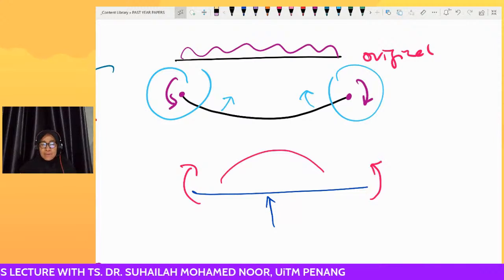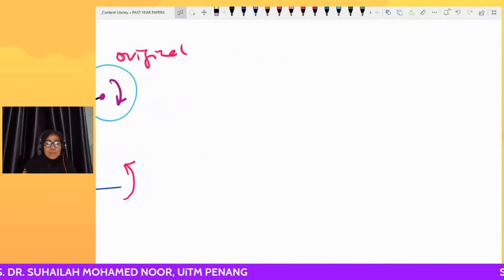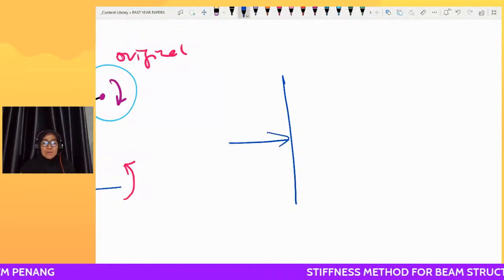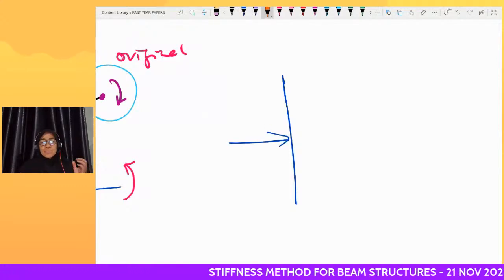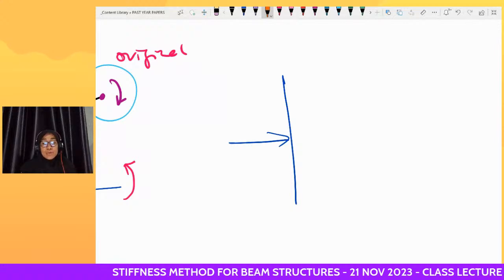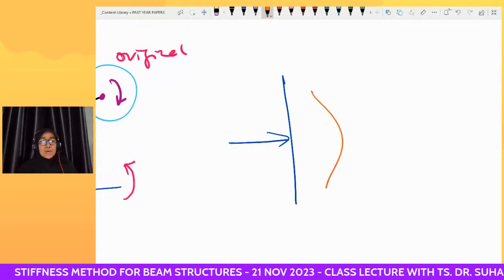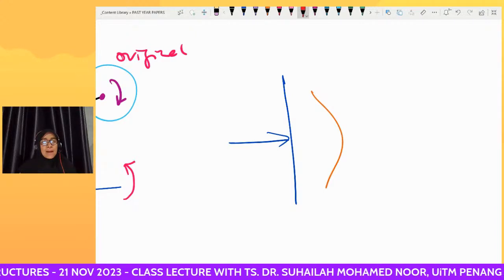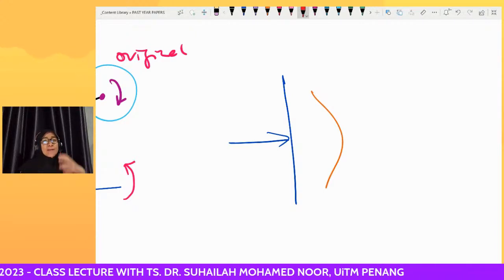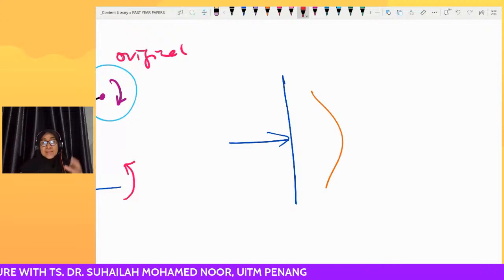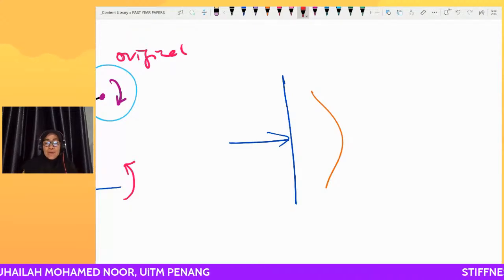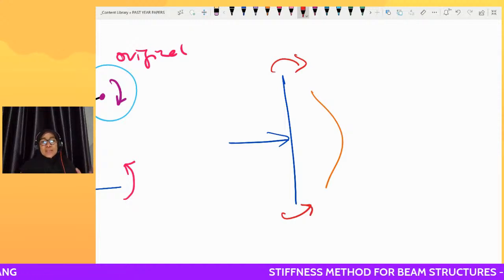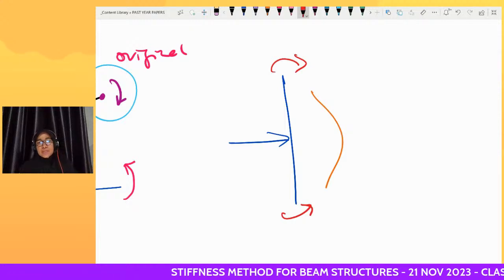So let's say it is a column. Loading comes from this side. Look at what happens to the column due to loading. It bends like this, so we have to apply the moment that exists at support A and B, which will push it back to its original position.